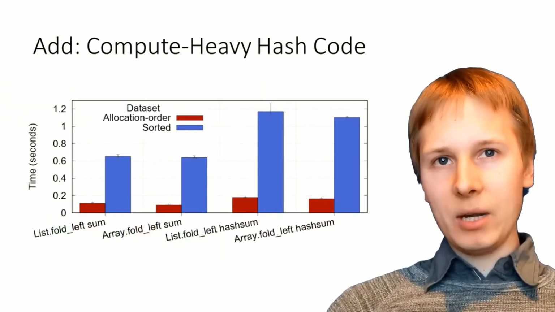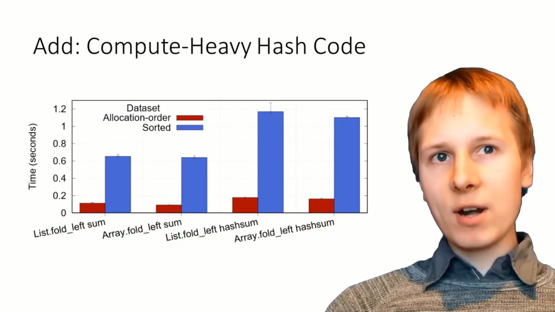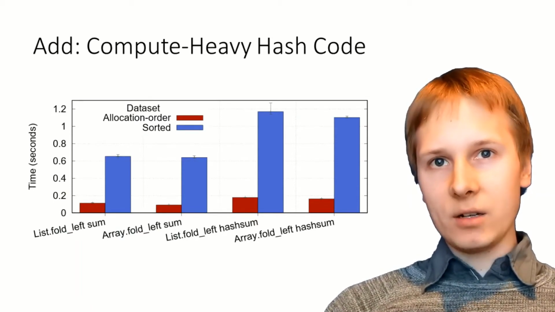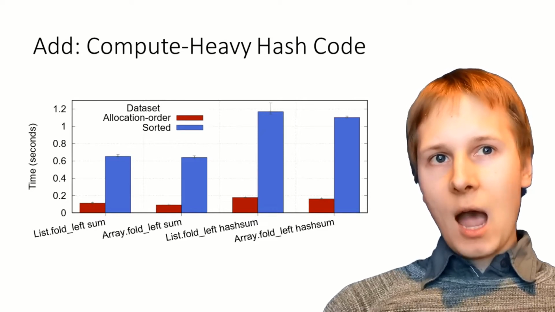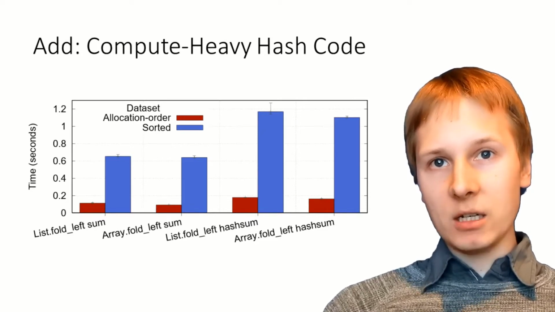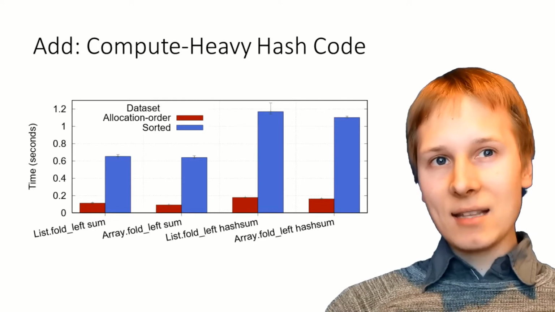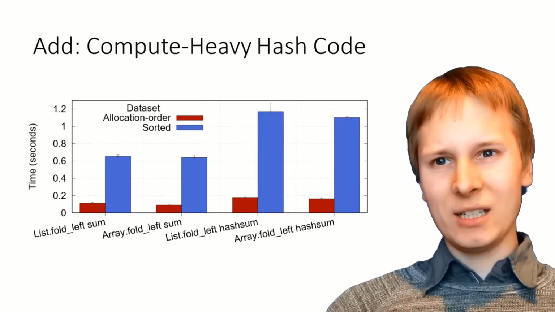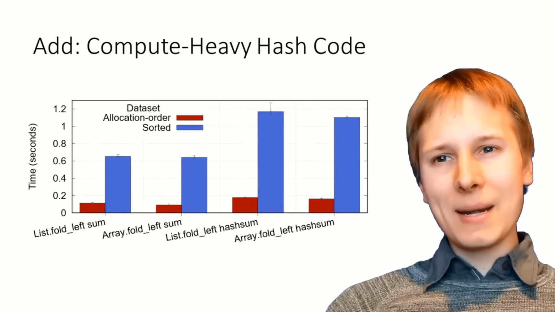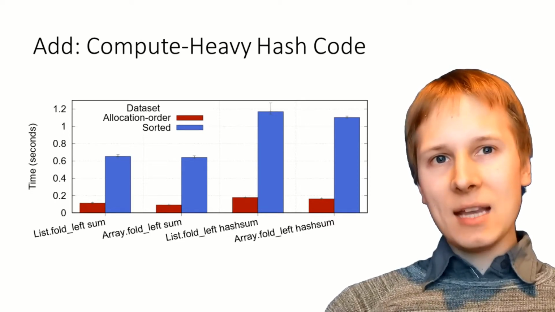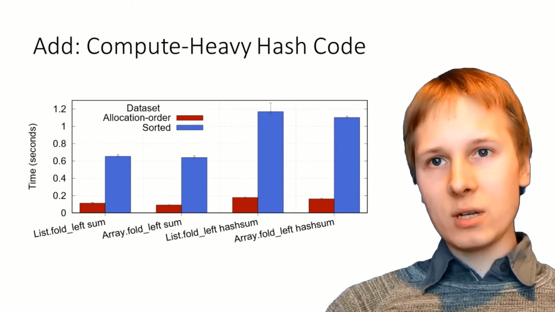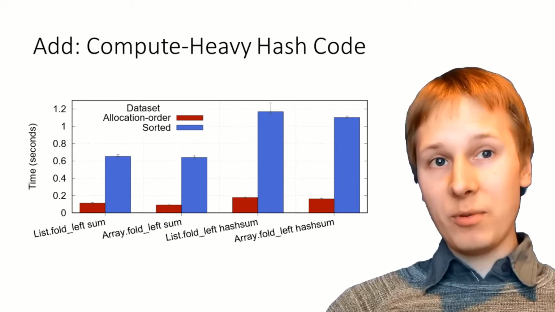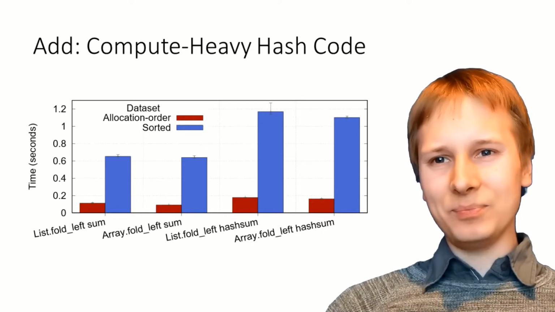The surprising element here is that on the original allocation ordered data, this only adds another 0.1 seconds of compute to the total. And yet, the exact same number of operations and the exact same code adds a further 0.5 to 0.6 seconds of work to the version with sorted data. What's happening here, paradoxically, is that adding this extra compute is making our sorted version even more memory bound than it was before. So what's going on?